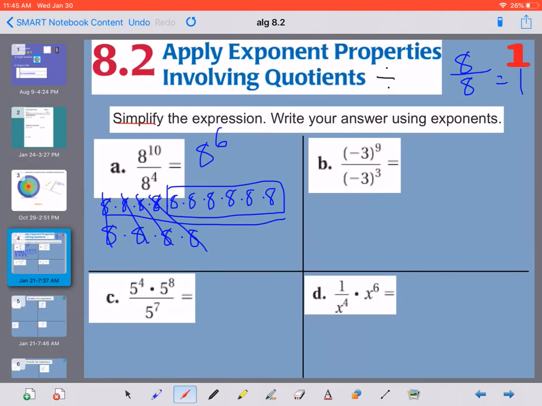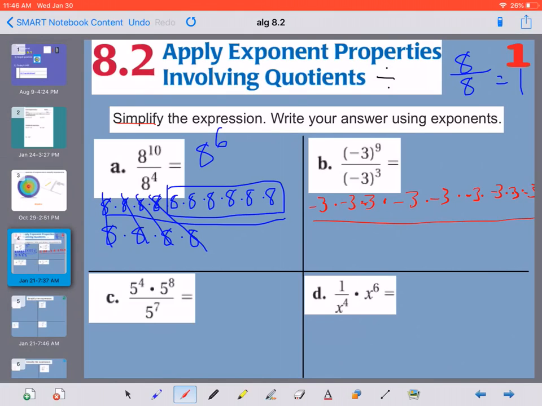This next one is saying I have 9 negative 3's. It would be negative 3 times negative 3 times negative 3. 1, 2, 3, 4, 5, 6, 7, 8, just one more.